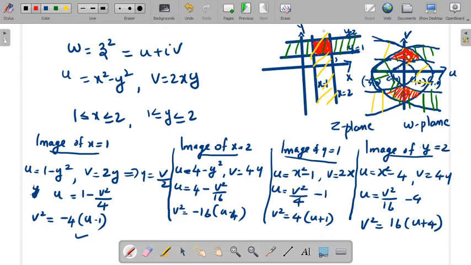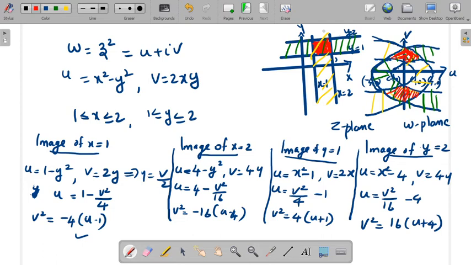We plot them in two planes, one the z plane to plot the values of x and y, and W plane to plot the values of u and v, where u and v are functions of x and y. So once we know the values or range of values for x and y, you can find the range of values for u and v, plot them in W plane, you will get the image.